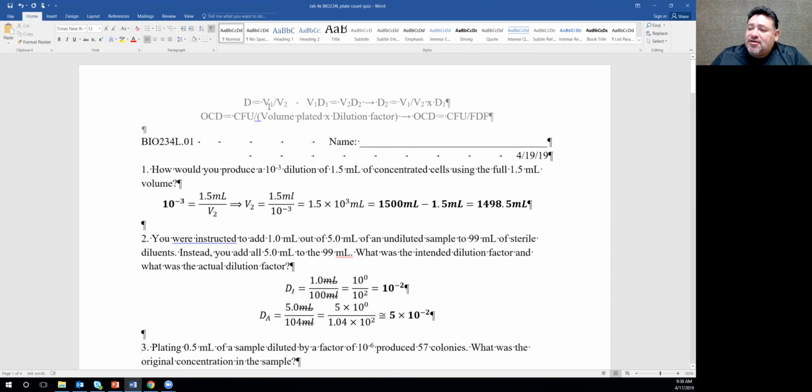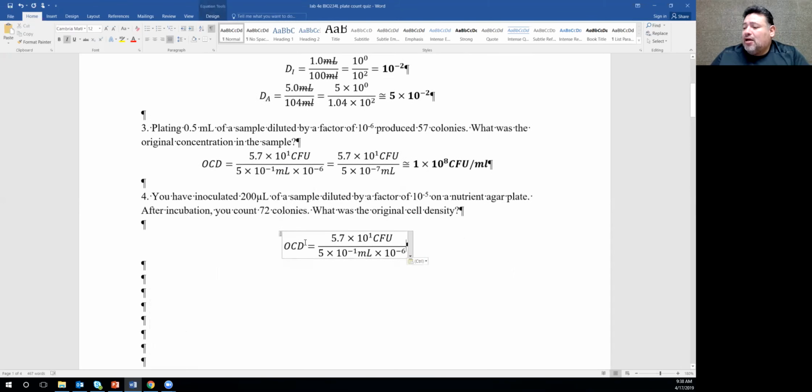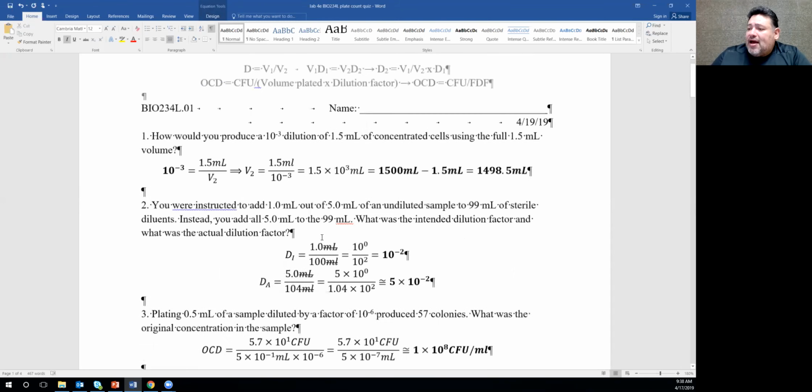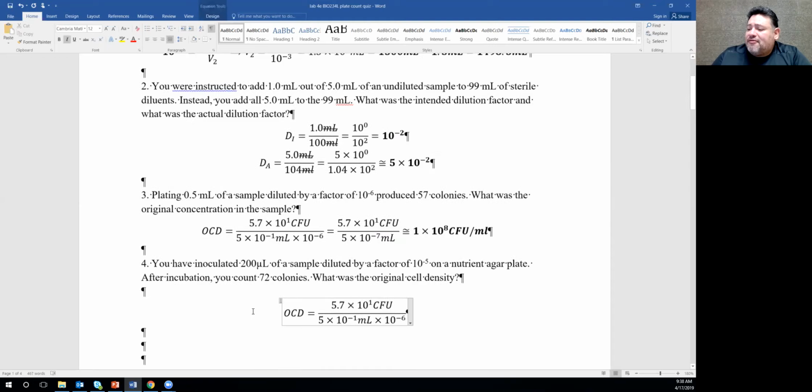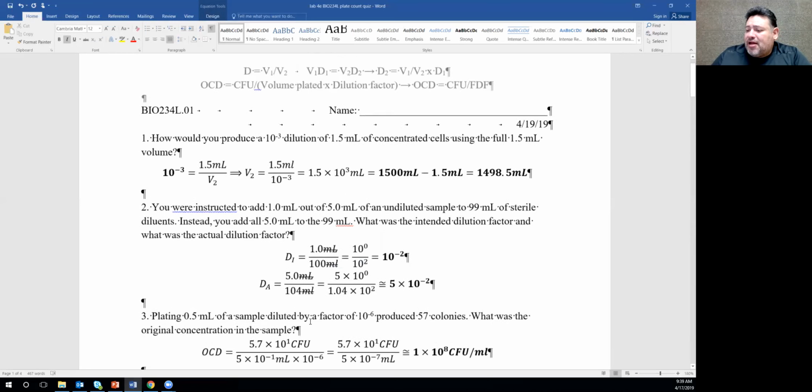So really, we're going to use the exact same equation. Nothing has changed. As a matter of fact, I think I'm going to steal this from up here. So at the top, we have the number of colony forming units. The number of colony forming units was 72. So I'm going to say this is 7.2 times 10 to the first colony forming units. And then in the denominator, I'm going to have the volume plated.